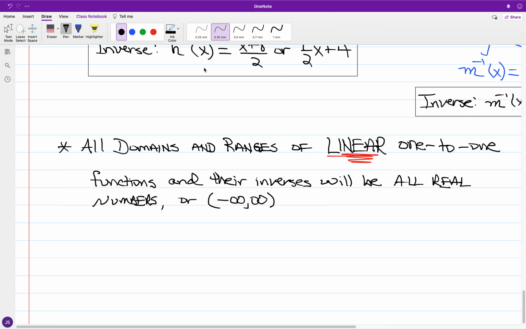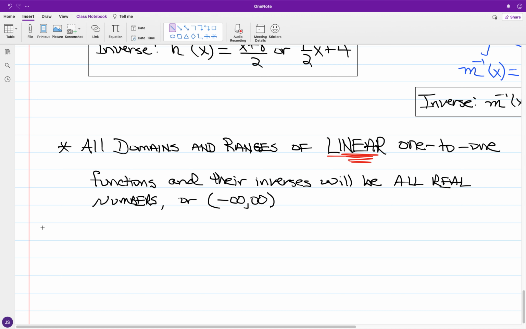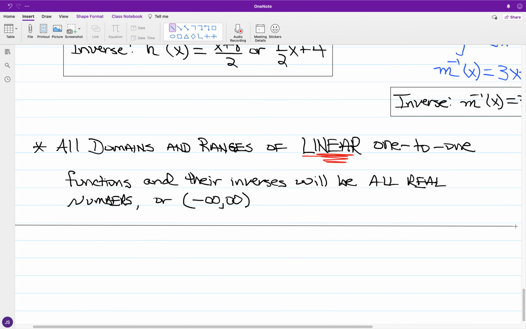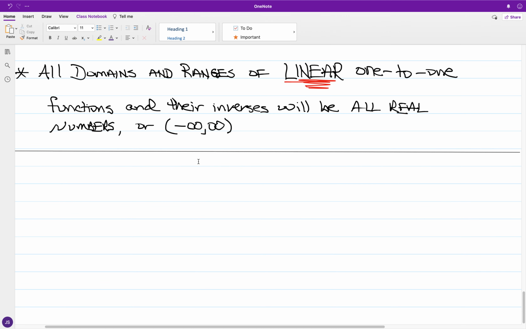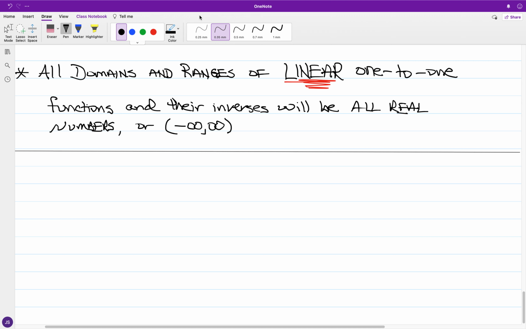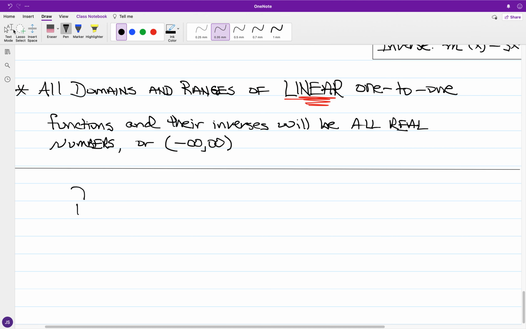Okay, let's say if you have a function that is nonlinear.